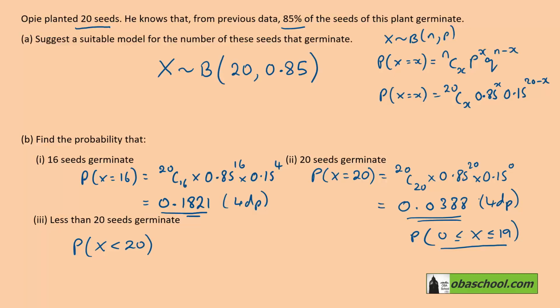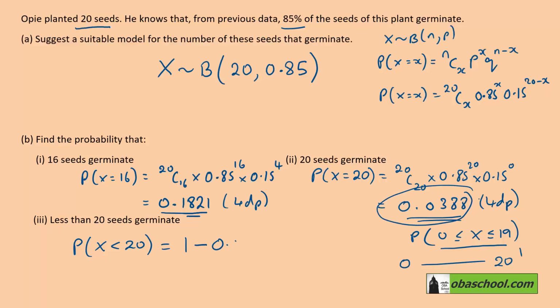So can we do that more easily? Well, if we think of all of the cases from none to 20, we know that the total probability there must be 1, because it's absolutely certain that one of them is going to happen. So we can do this as 1 take away the only case that we don't want.